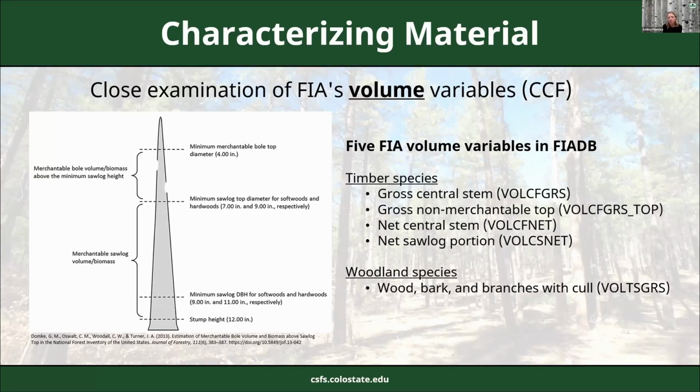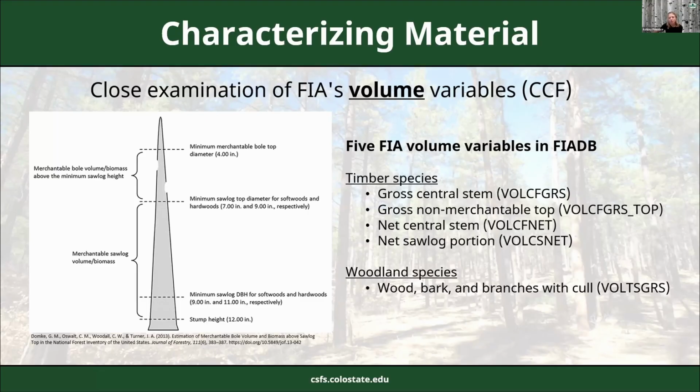So it's broken out by timber species versus woodland species, and then we used the gross central stem, which includes all usable and defective portions, and then the gross non-merchantable top that became available with the NSVB update, and then the net central stem volume, which excludes cull and focuses on the usable portion of the stem, and then the net sawlog portion, or the usable portion that meets sawlog specifications. And then for woodland species, we used the total stem volume, which would include wood, bark, and branches with cull.